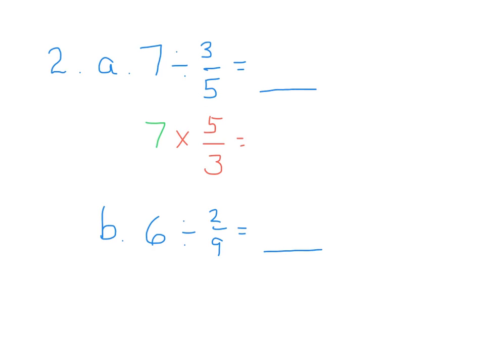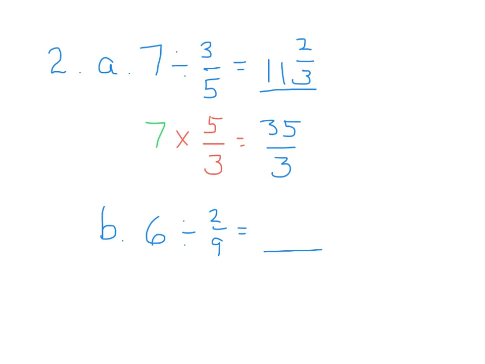So my answer is going to be 35/3. And I need to reduce that into a mixed number. So 3 into 35 will go 11 times, and I have 2 left over. I'm going to keep the same denominator that I had in my multiplication problem.